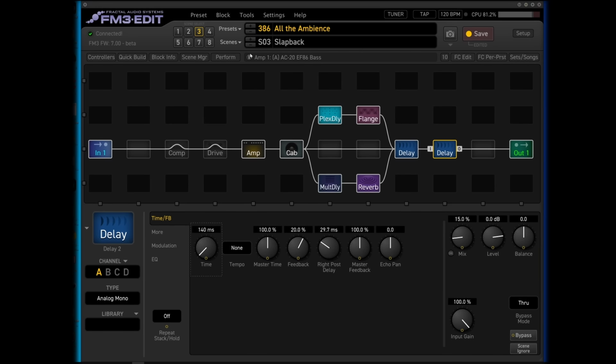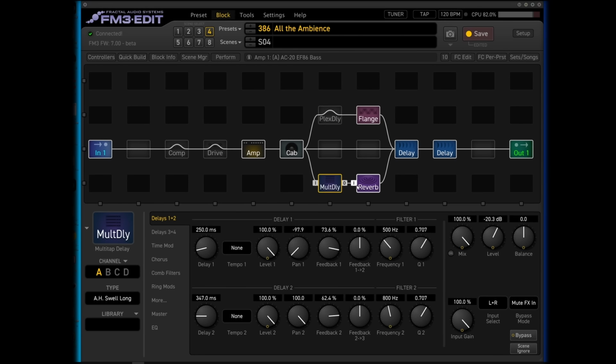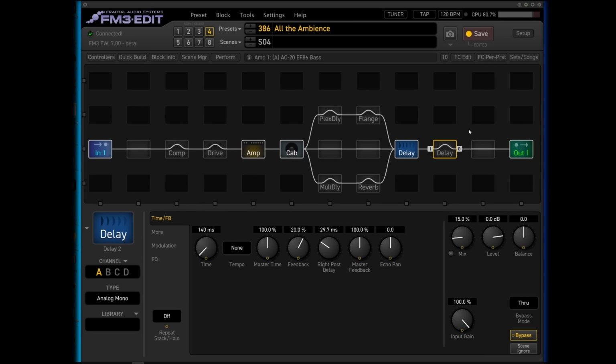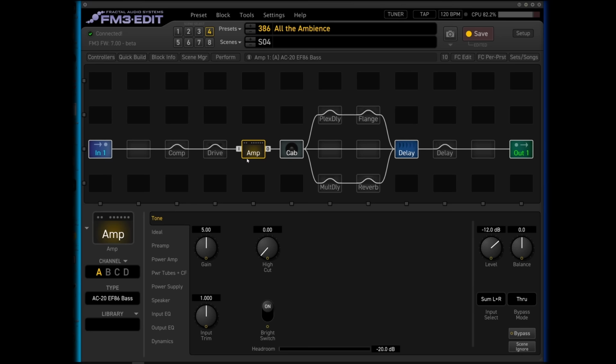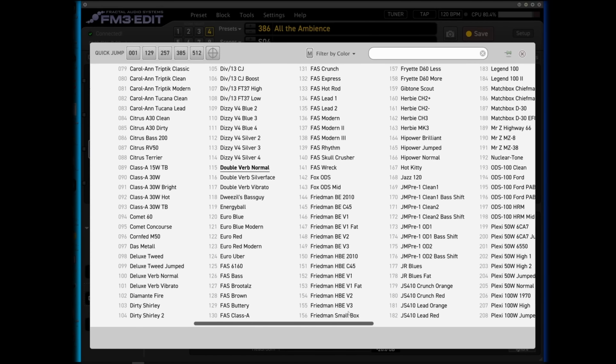Okay, I don't know if I'd be able to add another scene altogether. Let's just bypass these. Bypass that, and we'll have channel D. I don't know, let's see if we can run a reverb.